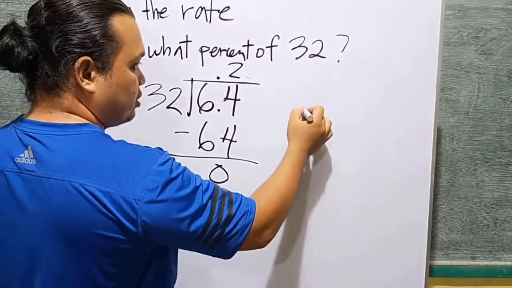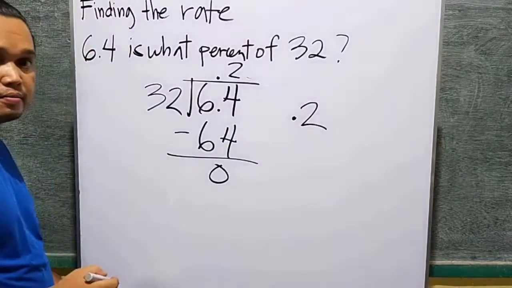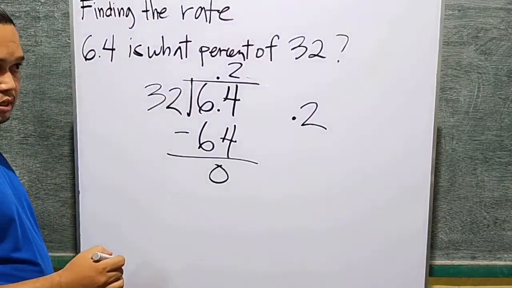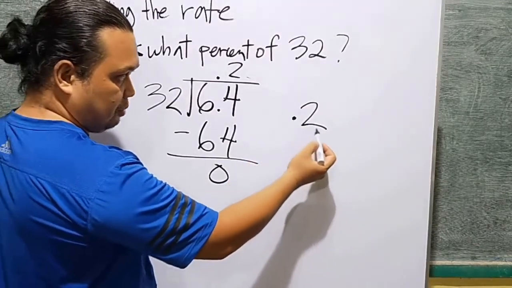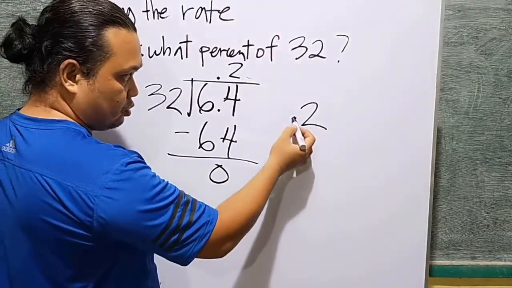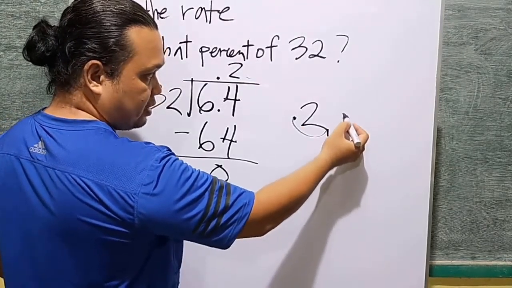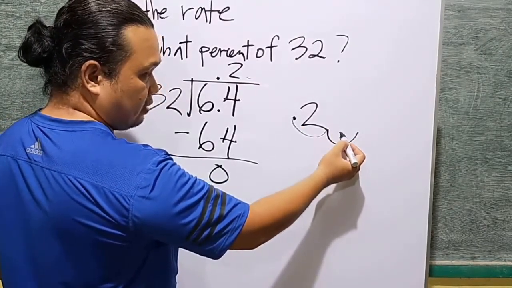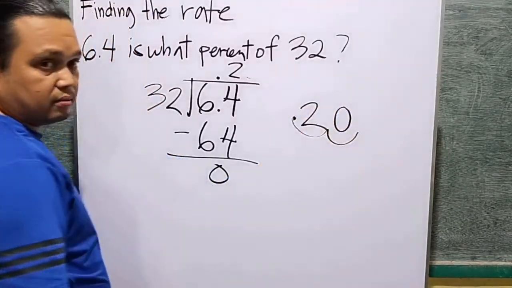Now let's change 0.2 into a percent. To change that, let's move the decimal point 2 steps to the right. 1, 2. So we have a blank place value, so all we need to do is add some 0 there.